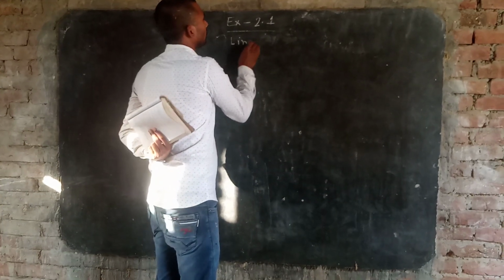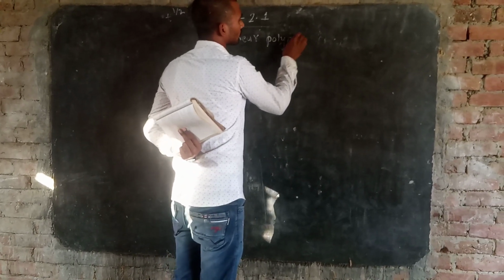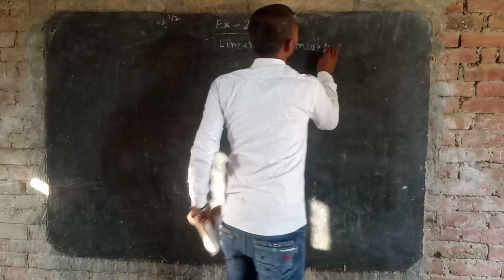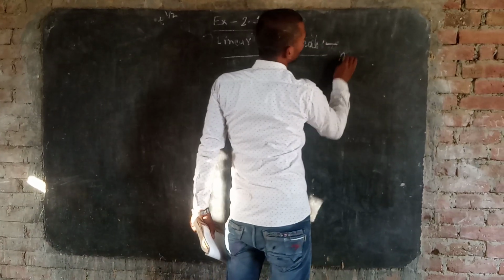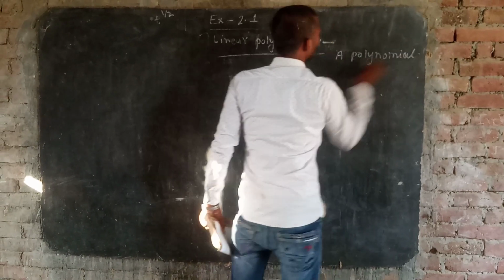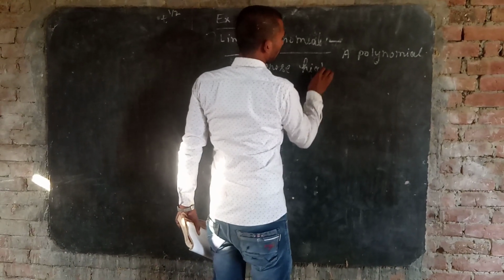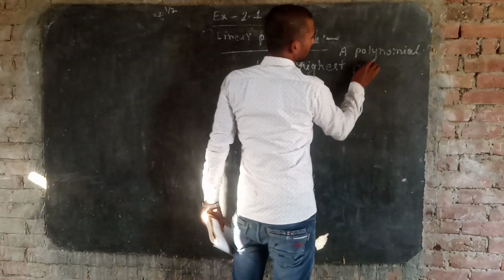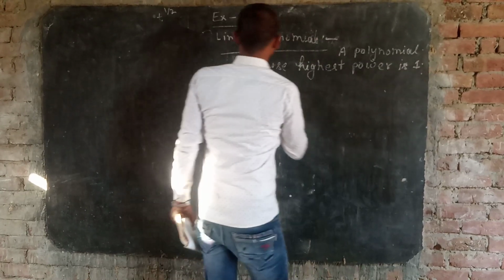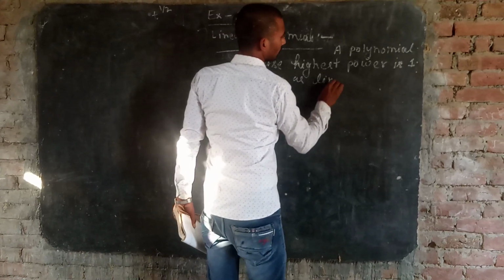Linear polynomial: a polynomial whose highest power is 1 is known as a linear polynomial.